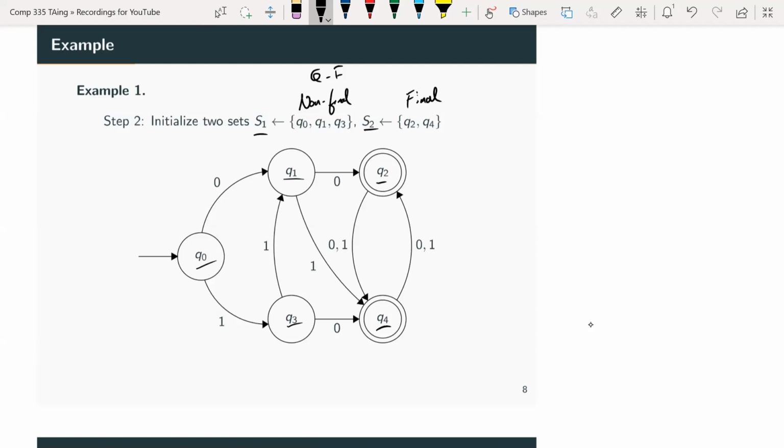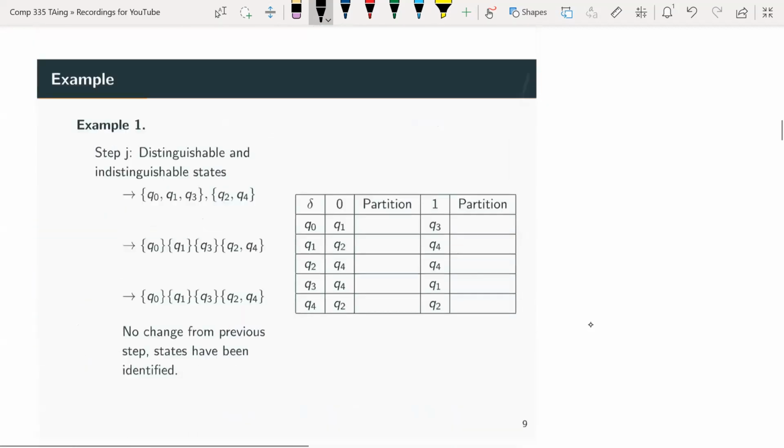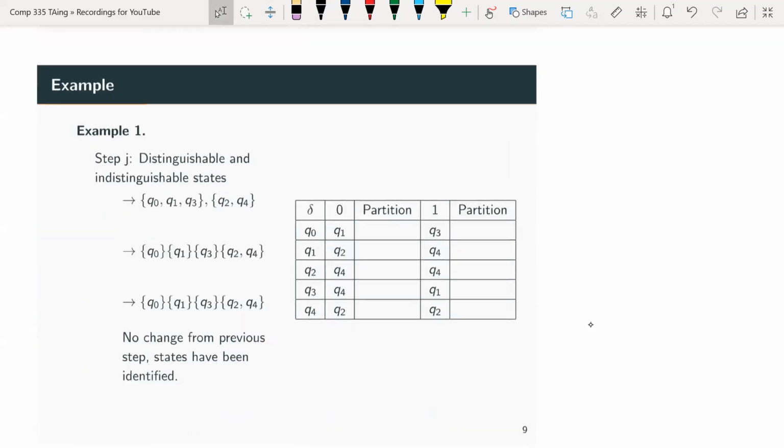Now for each partition and for each pair of states, we want to check if they are distinguishable or indistinguishable. Why is this important?